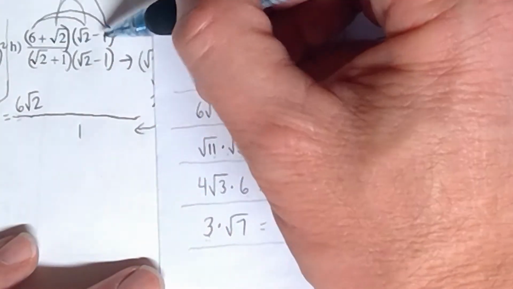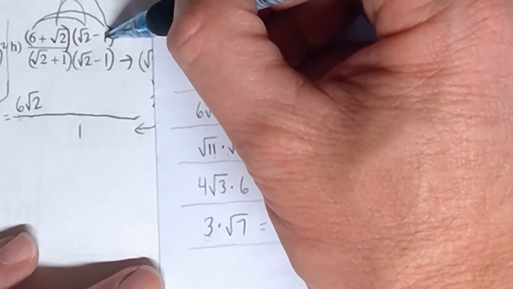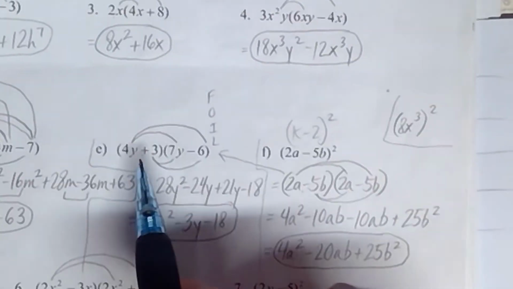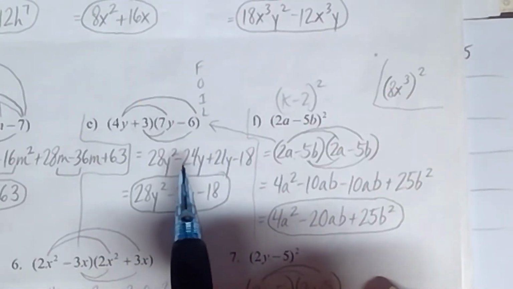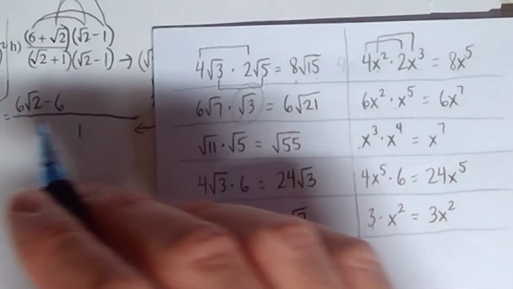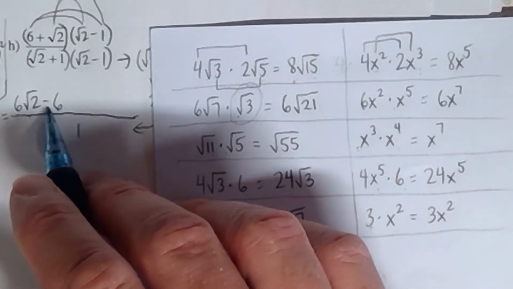Then you have 6 times negative 1, no radicals there, so you just multiply it the way you normally would. 6 times negative 1 is negative 6. And remember, just like when we did these problems before with the two terms in each bracket, you got to put pluses and minuses in between the answers. Thus, the minus there because it was negative 6.